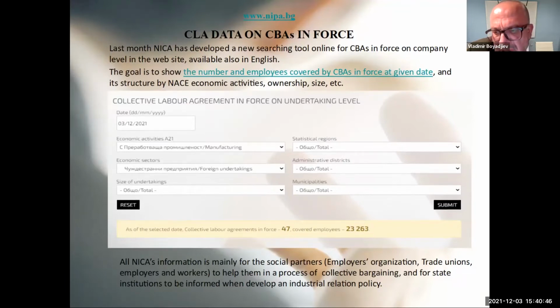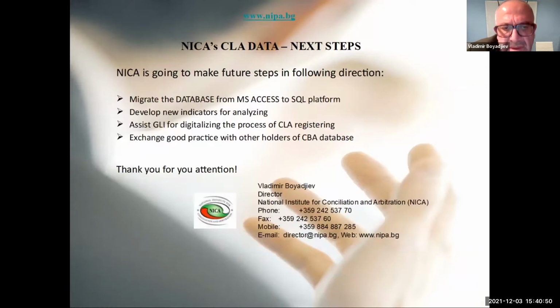Next slide, please. And I think it will be the last. Okay. The further step is to migrate this database from Access to SQL, the platform, develop new indicators and assist the General Labor Inspectorate in digitalizing the process of registering CBAs.